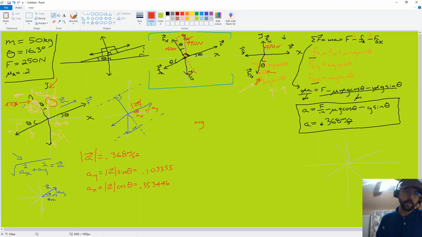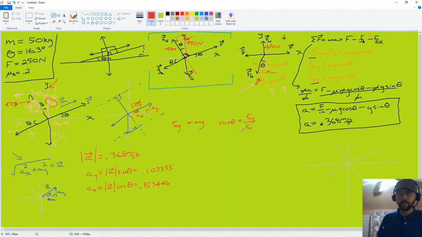So from this setup, we have cosine of theta equals adjacent, which is force normal y, over hypotenuse, which is force normal.